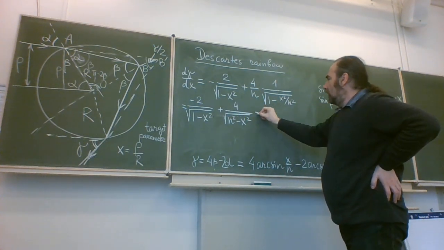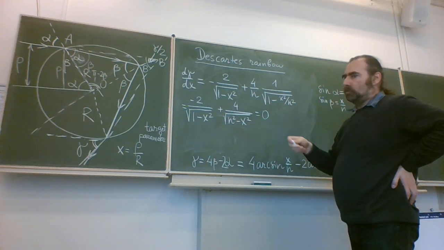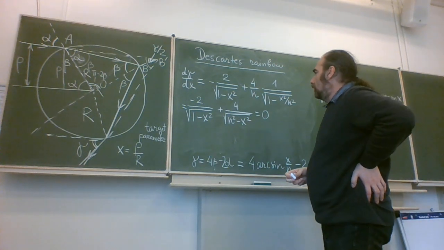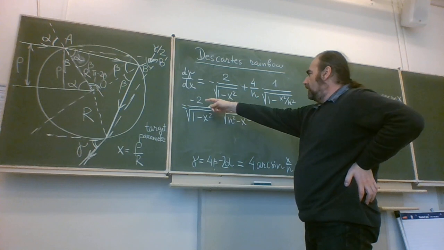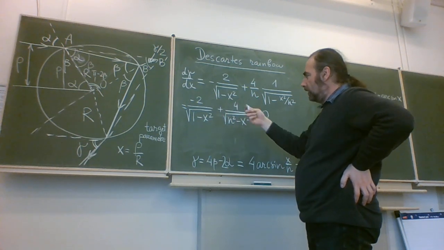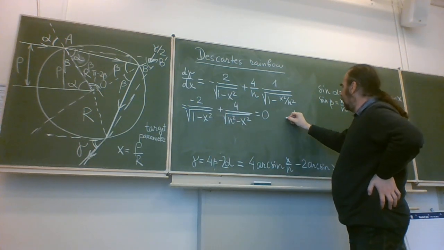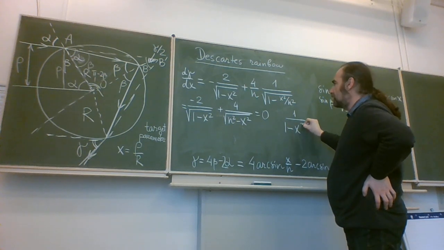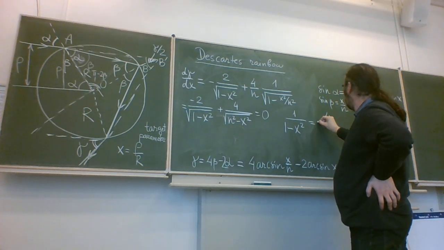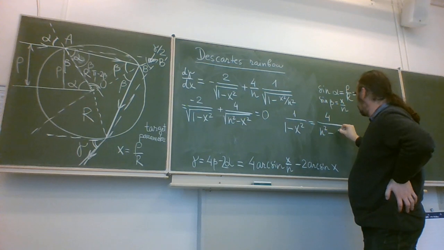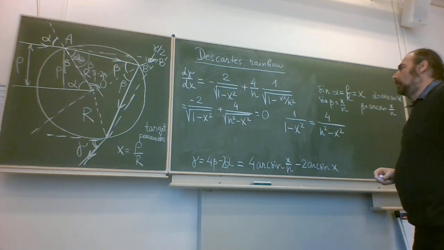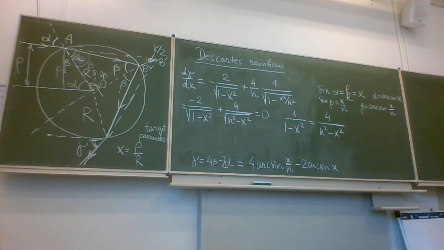And if I'm looking for a maximum, this must be 0. And now I can, for instance, divide this by 2, n squared, and then I get 1 over 1 minus x squared equals 4 over n squared minus x squared. Right?